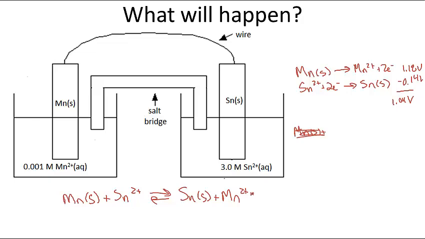Well, let's look at our concentrations. I have a very low concentration of manganese ion and a very high concentration of the tin ion. So we use Le Chatelier. We use that equilibrium principle. Give me a color. I heard purple first. So which side, if I have a lot of the tin, if I'm above my standard conditions, which side gets pushed up?